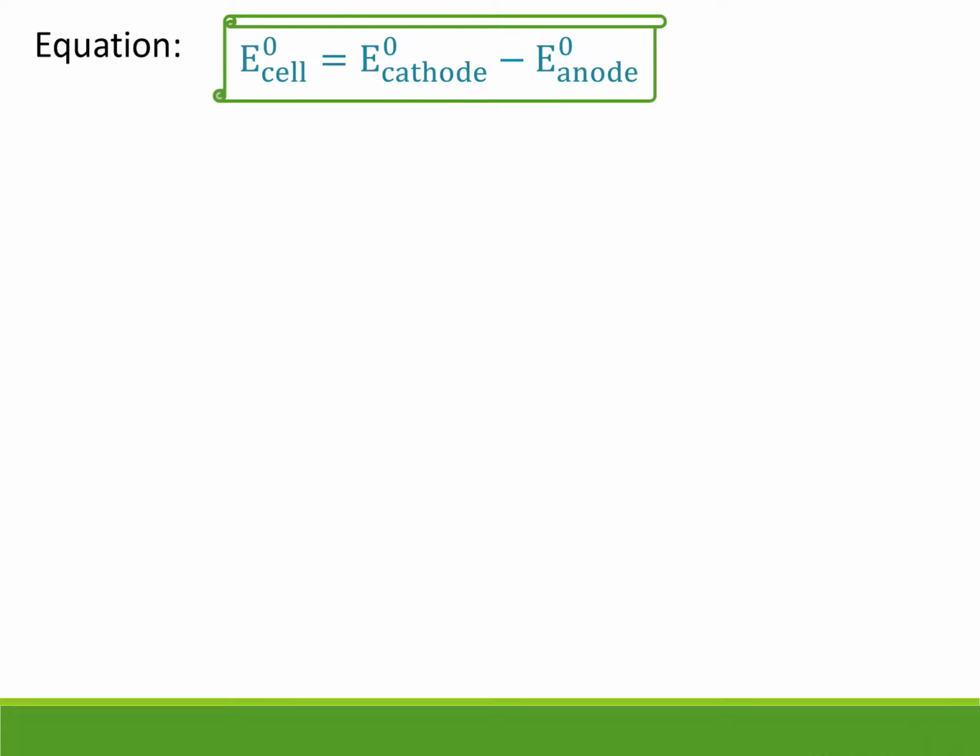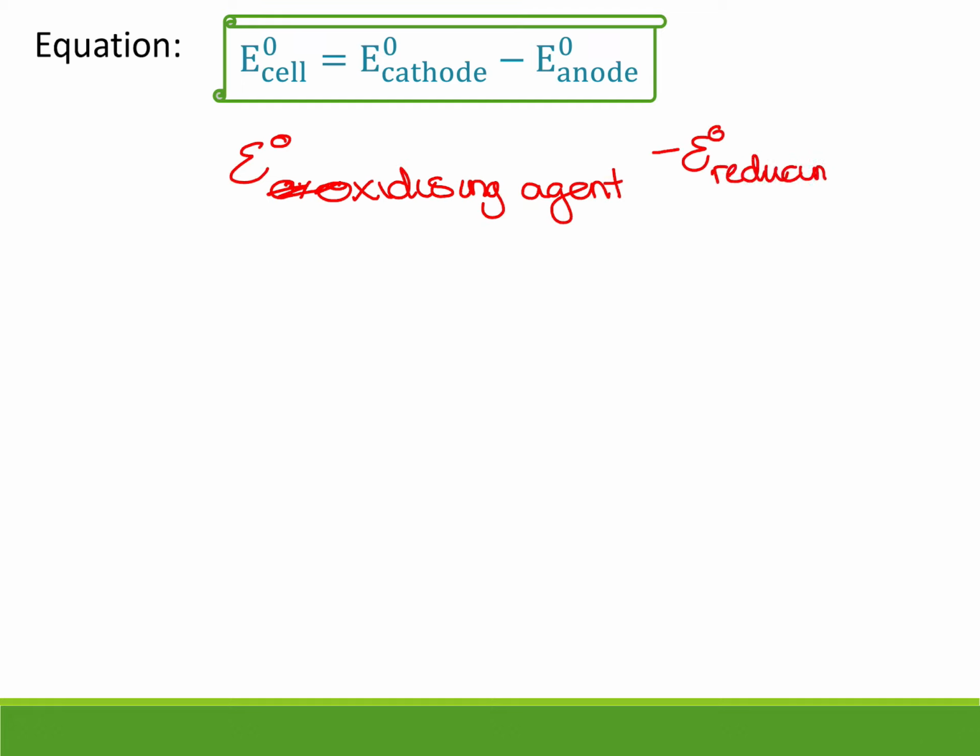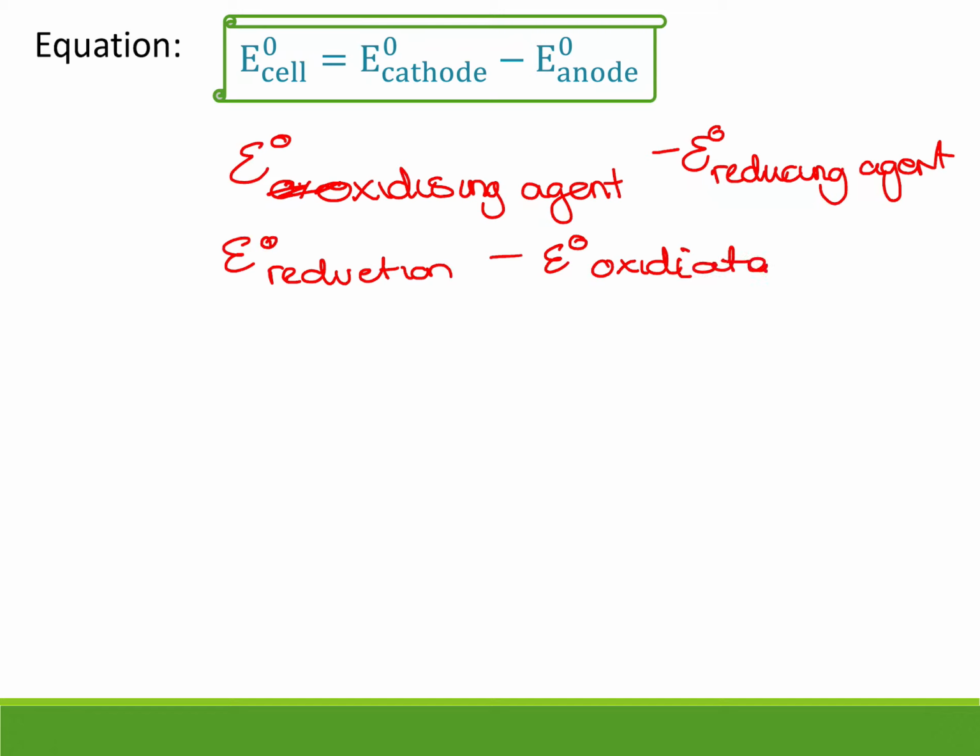On your information sheets, you're also going to get this as E oxidizing agent minus the E of the reducing agent, or it's going to be E reduction minus E oxidation. All of those refer to the same thing.